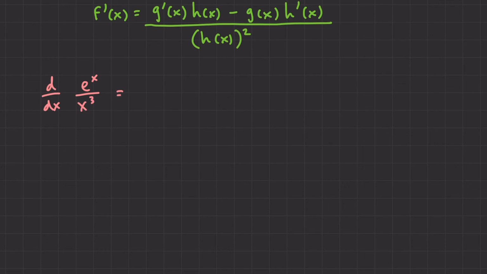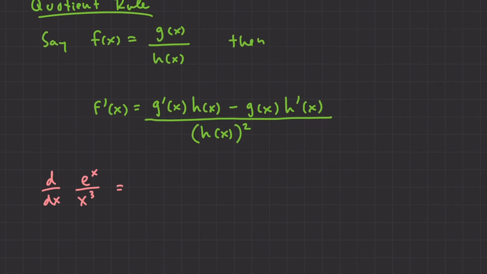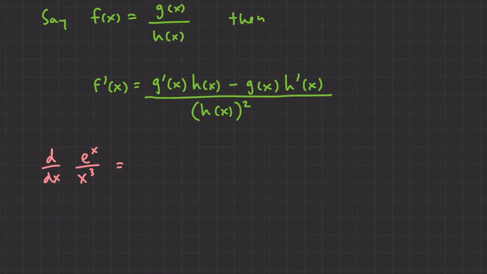So if I take the derivative of the quotient of two functions, I take the first function, the numerator, and take the derivative of that. The derivative of e to the x is e to the x. Then I leave the second function alone, so that's x cubed.